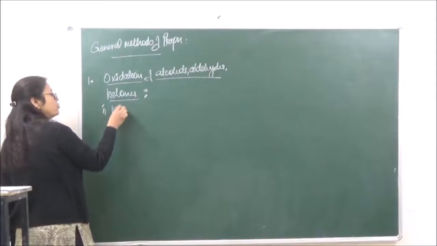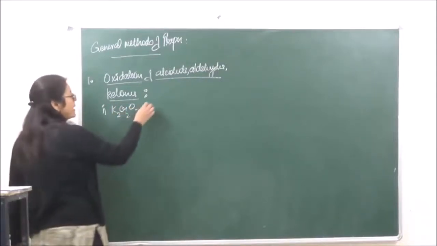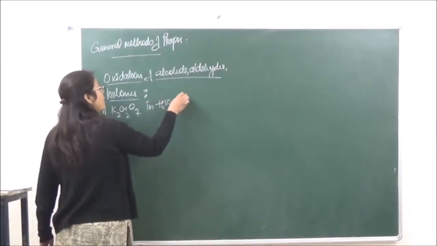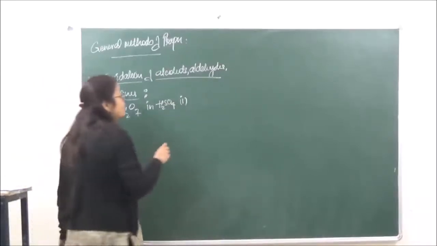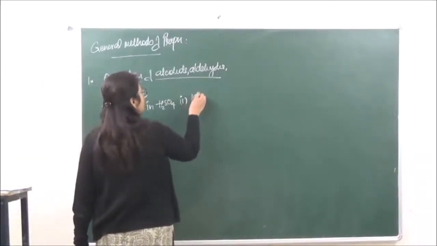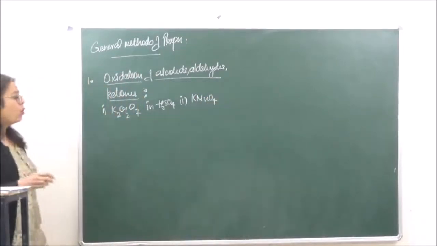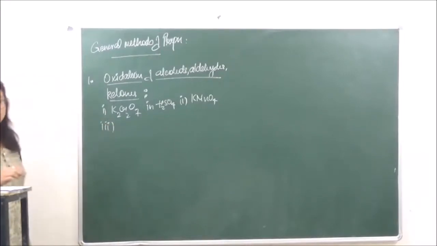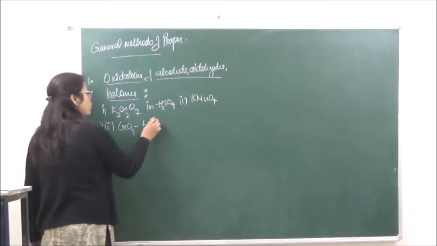the first one which we are going to use is K2Cr2O7, potassium dichromate in sulfuric acid, or we can use KMnO4 in alkaline or acidic medium, or we can use Jones reagent, which is chromium trioxide in H2SO4.